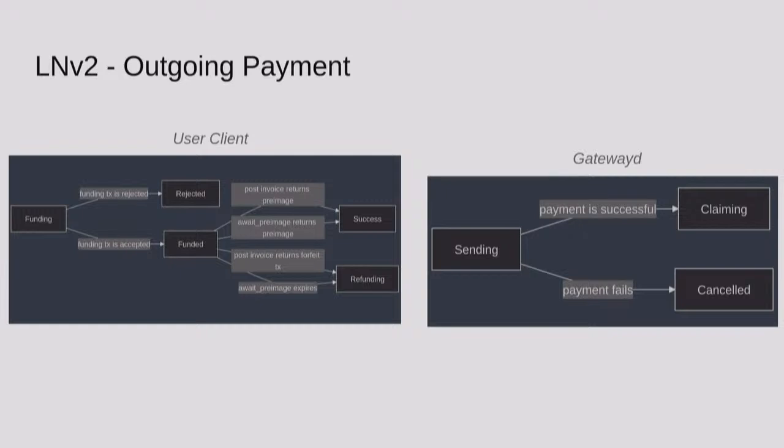In the worst case, the gateway goes offline, the contract times out, probably within like 500 blocks or so, like 3 days, and then the user will refund the outgoing contract unilaterally. The state machine on the gateway side is not that important.